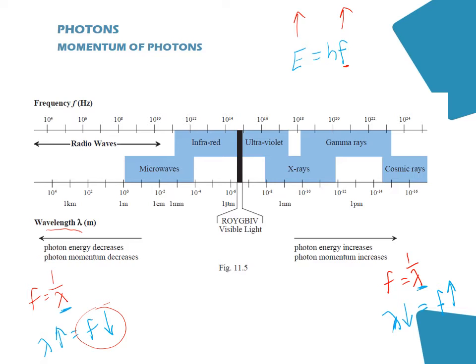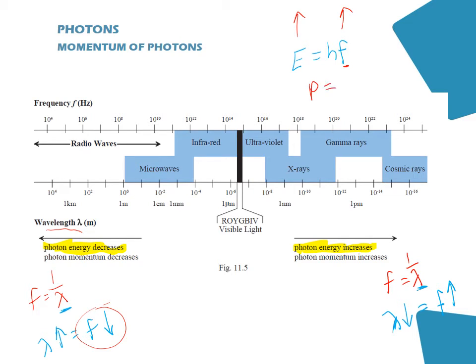So you see here, I've got a highlighter. The photon energy decreases when we have a large wavelength, and the photon energy increases when we have a tiny wavelength. And therefore, we have our other new formula as well, which was for momentum.